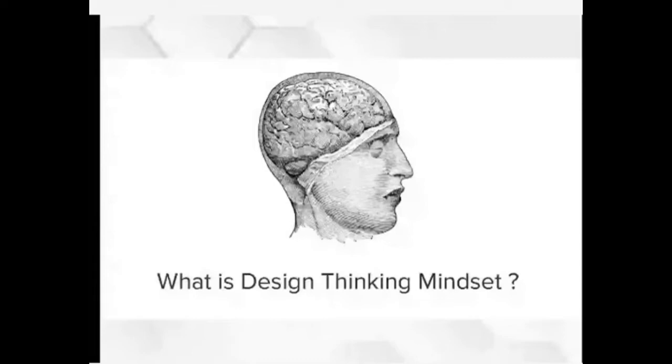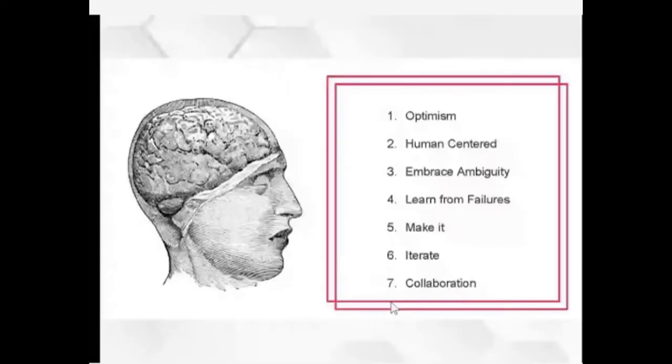If you want to incorporate design thinking in providing solutions to complex problems, the important part is the mindset of the design thinker. What should be the design thinking mindset? The design thinking mindset should be optimistic in nature.